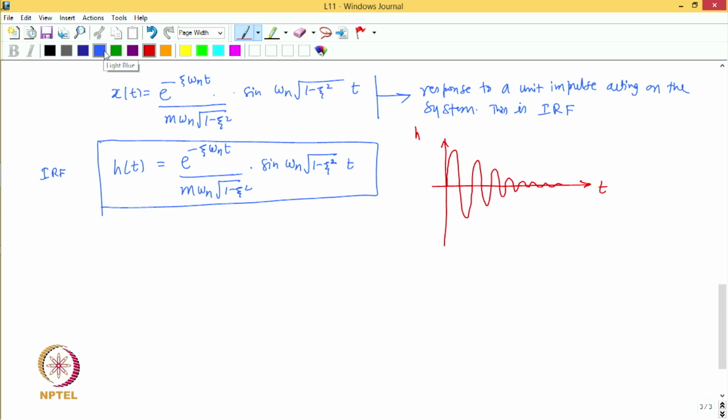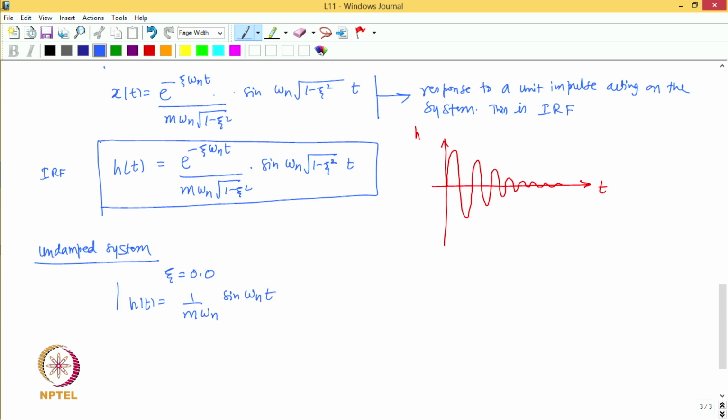If we have an undamped system, then zeta is equal to 0, and therefore h of t would be simply 1 upon m omega n sin omega n t.